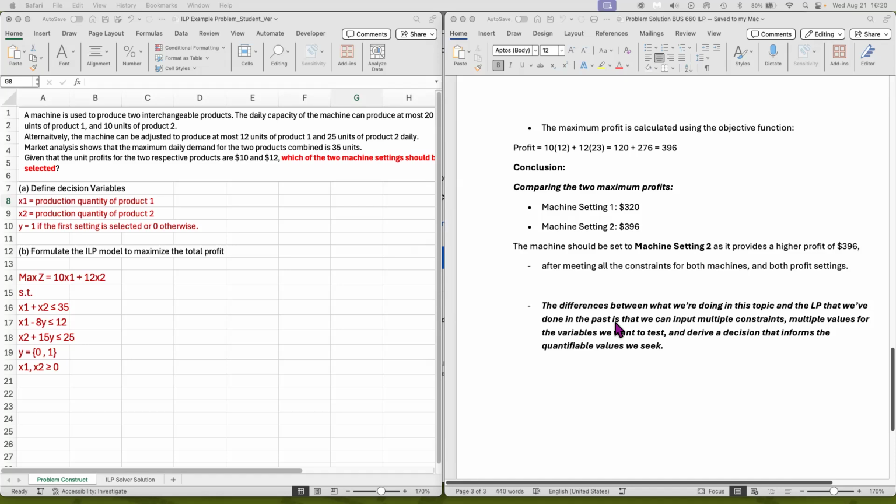These types of problems are used in business in many, many instances where there are multiple constraints and multiple combinations of products that we want to look at. Remember, when we started with linear programming in topic 3, everything was pretty simple. It was pretty straightforward. We identified what we wanted to get to, and we had 1 or 2 constraints, and that was it.